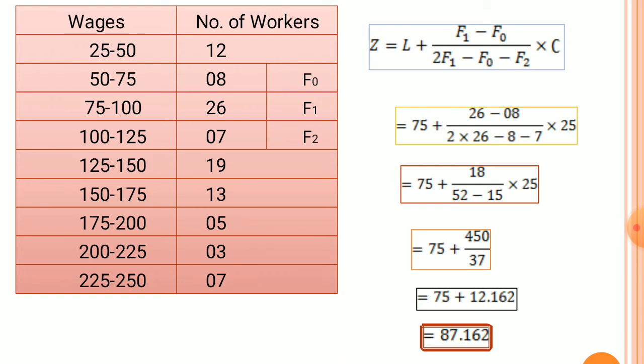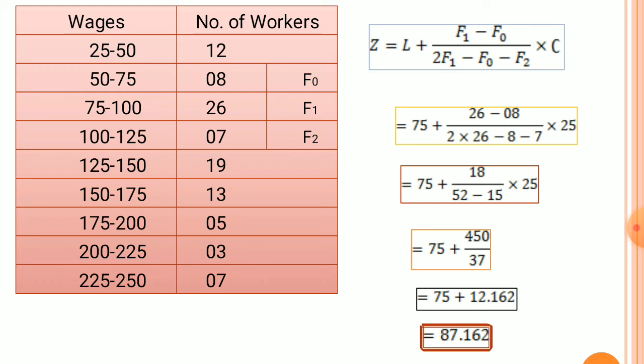Here the highest frequency is 26. After finding the highest frequency, then locate the modal class. So the modal class is 75 to 100, because it has the highest frequency.